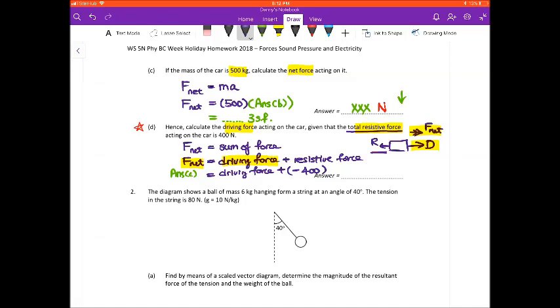When you shift this over to find your driving force, you will end up with answer C, then you will get plus 400. So the answer here is your answer in C plus 400 Newton. That's how you do it.